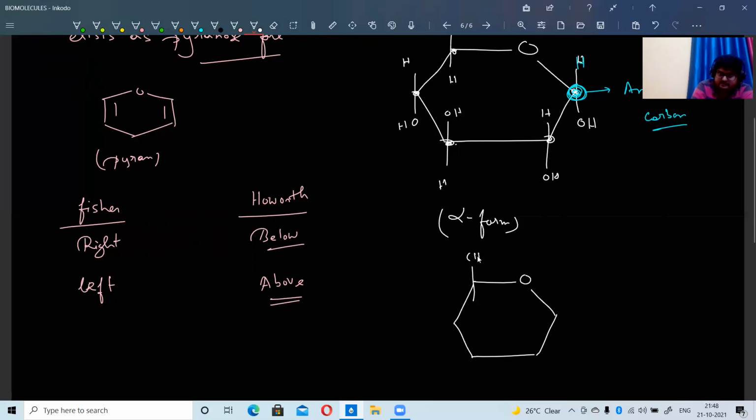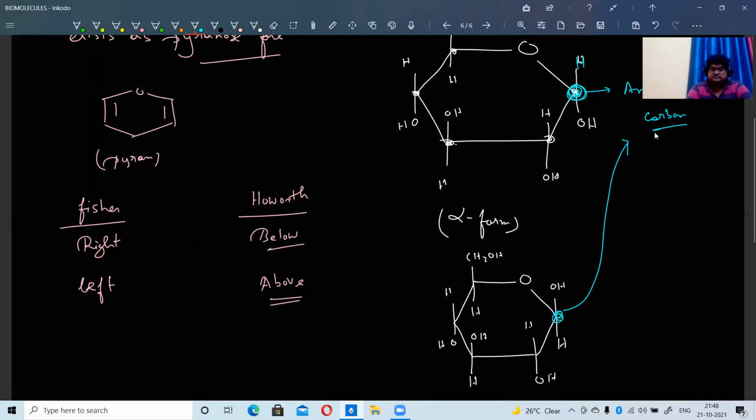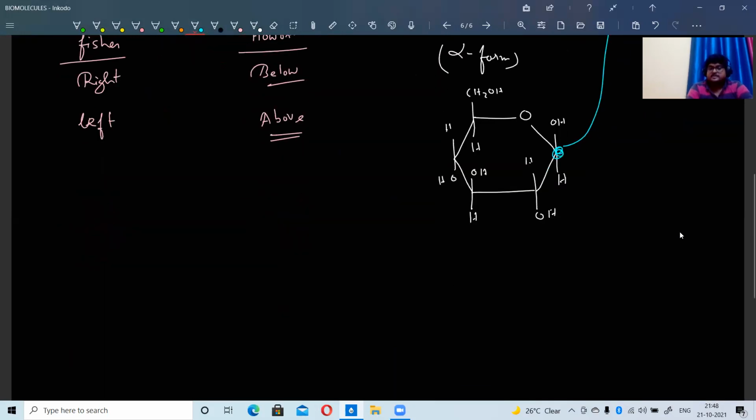All the things remain the same. Only the placement of the OH and H group at the anomeric carbon is changing. All the other stuff is the same, and this carbon represents the anomeric carbon. So this one is the beta form.